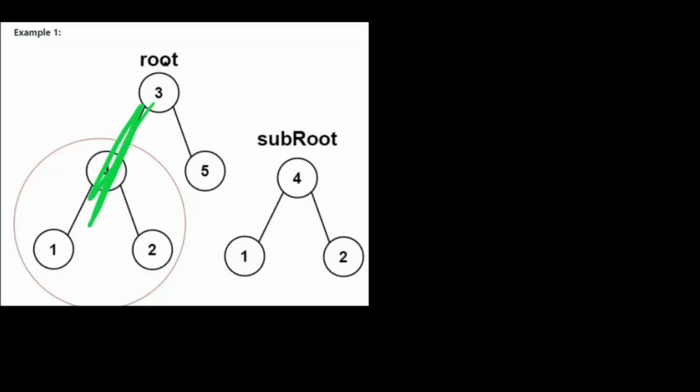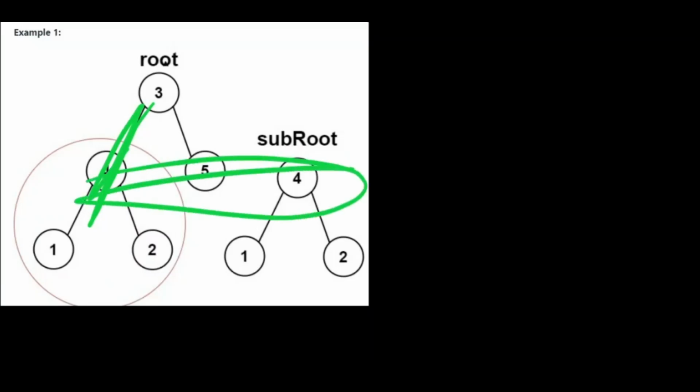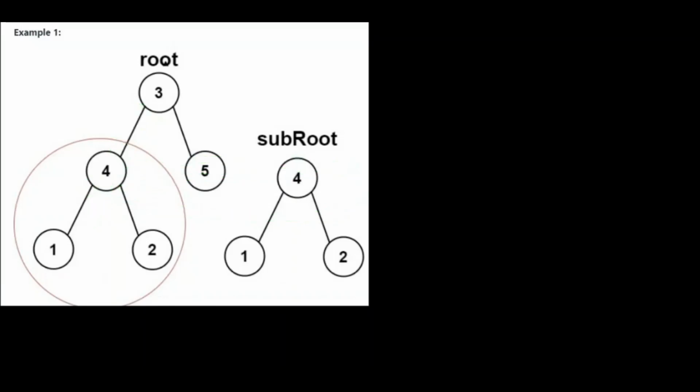When we traverse the left subtree, we check, okay, is it the same as the subroot? If it's not, then we know this is not going to work either, and we continue to traverse that subtree until we get to the point. As you can see, we're using depth first, so that's why I'm traversing one depth fully before checking the other depth. So we traverse the root.